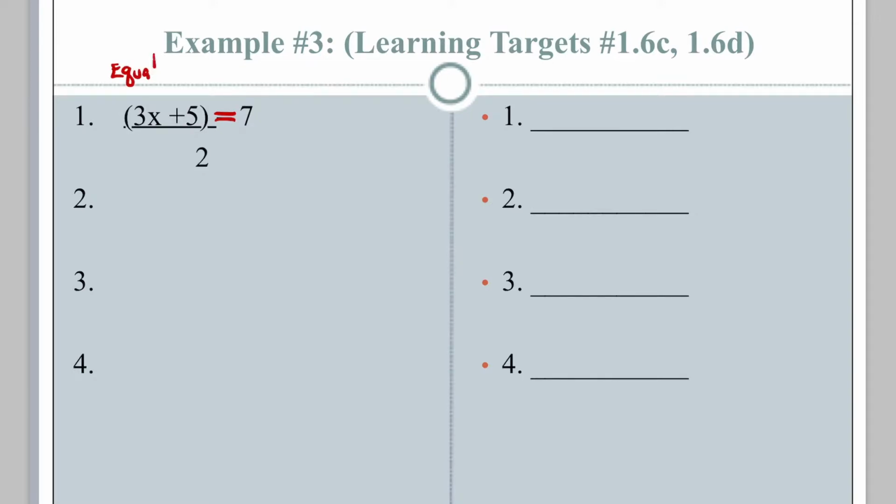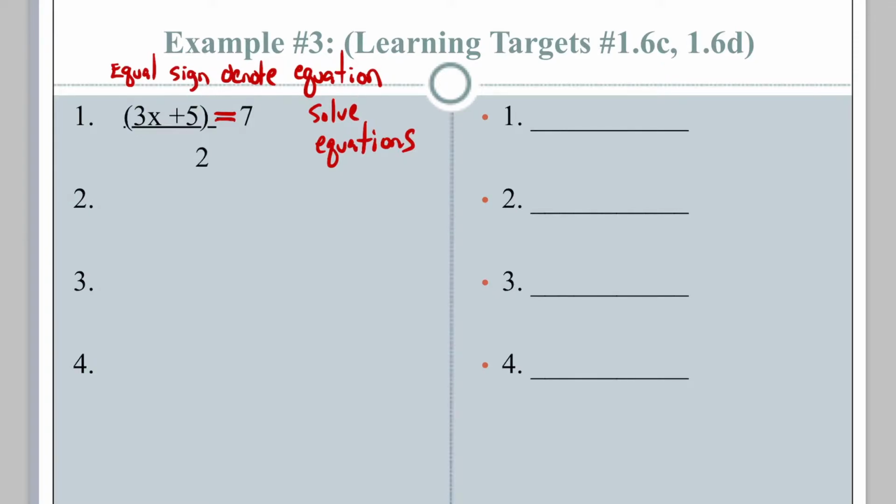So equal sign denotes equation. And as you may recall, we solve equations.